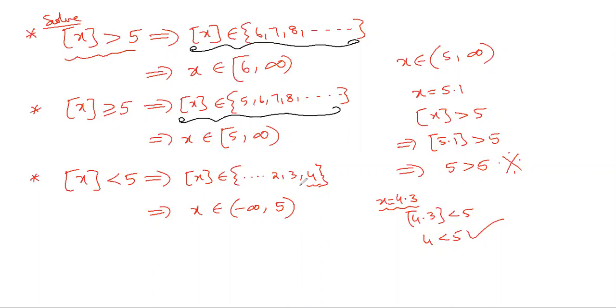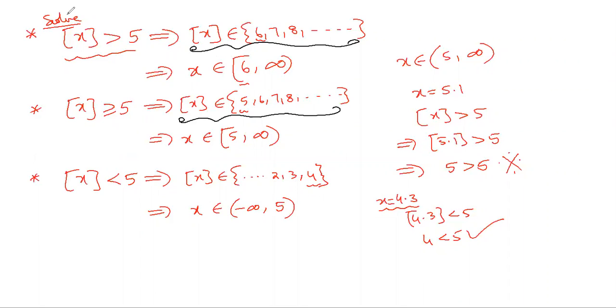Suppose it is ending with an integer, so the corresponding x value should not end with that number. It should end with the next number, but as an open interval, not including the next number. Suppose it is beginning with an integer, so the interval should begin with that integer. If it is ending with one integer, the interval should end with the next integer with an open bracket. Beginning means the same integer with a closed bracket.